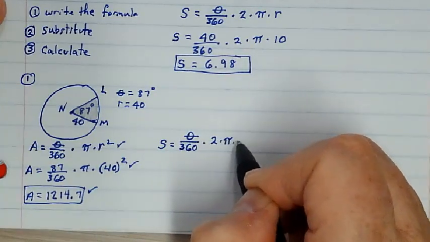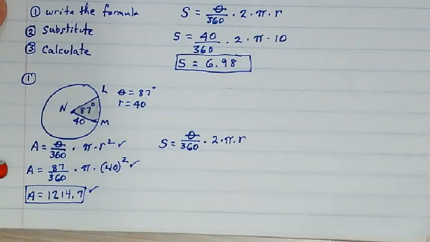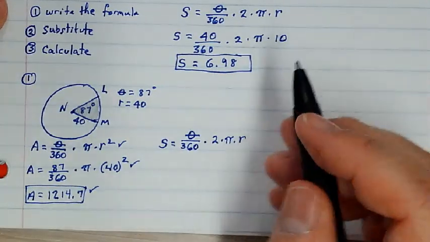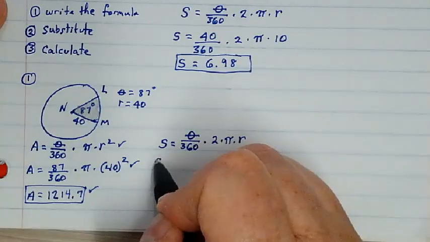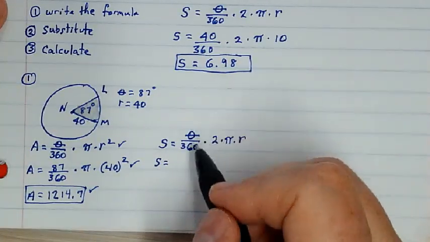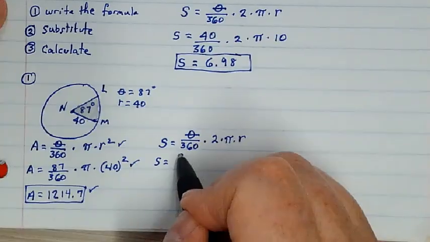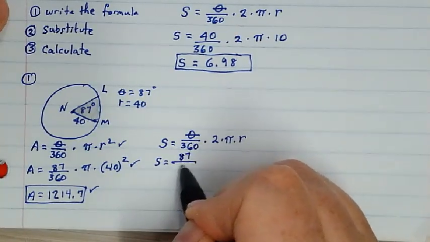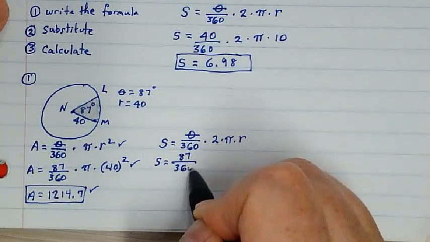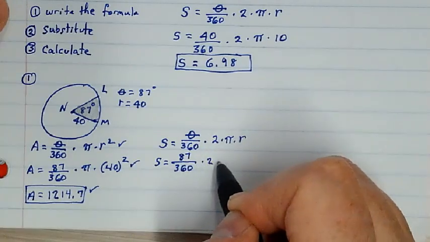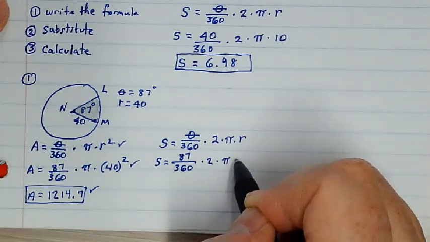So we have our formula. Now let's make our substitution. So S equals theta, which is 87 over 360 times 2 times pi times the radius, which is still 40. And yes, there's a times in between there.